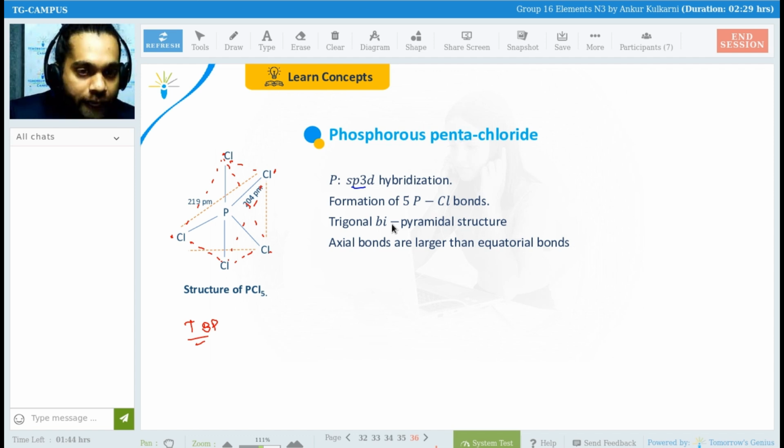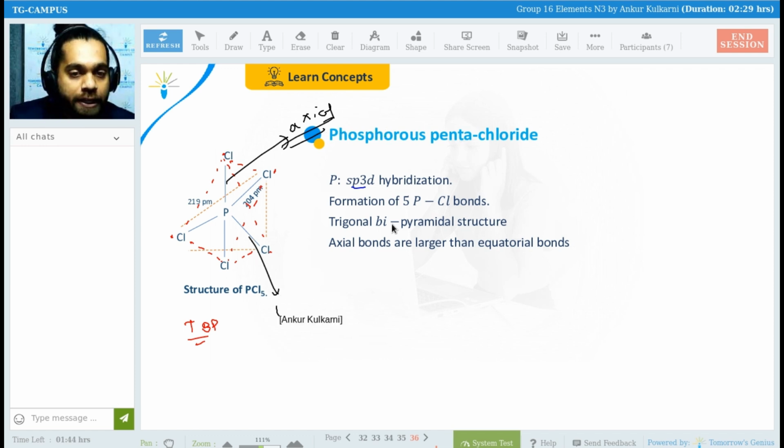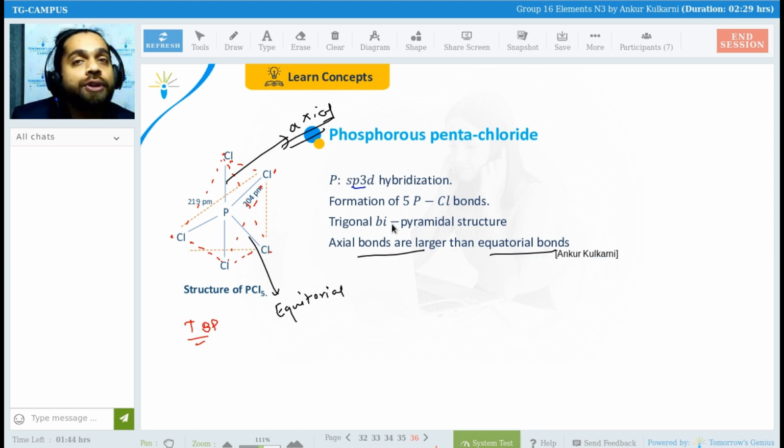And these bonds are called axial bonds. The ones at the top and bottom are called axial, and these are called equatorial. Now, axial bonds are longer than the equatorial bonds. That means, who will break first? If I do any reaction, will the axial bond break first or the equatorial bond? According to this statement, what do you think?